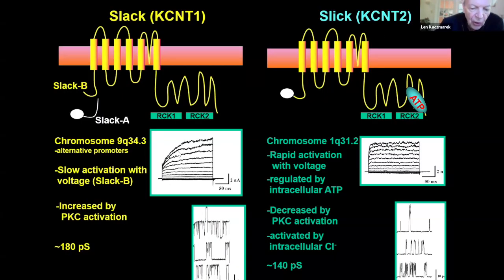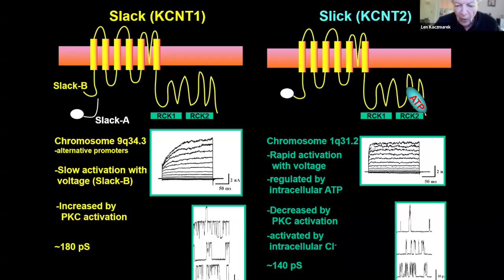So we can record the electrical activity of these channels simply by expressing them in a really boring cell that's not a neuron, so that when we do electronic wizardry to measure the currents that flow across the membrane of the cell, we can measure only the current that flows through these particular channels. So this is an example of current flowing through a KCNT1 channel.